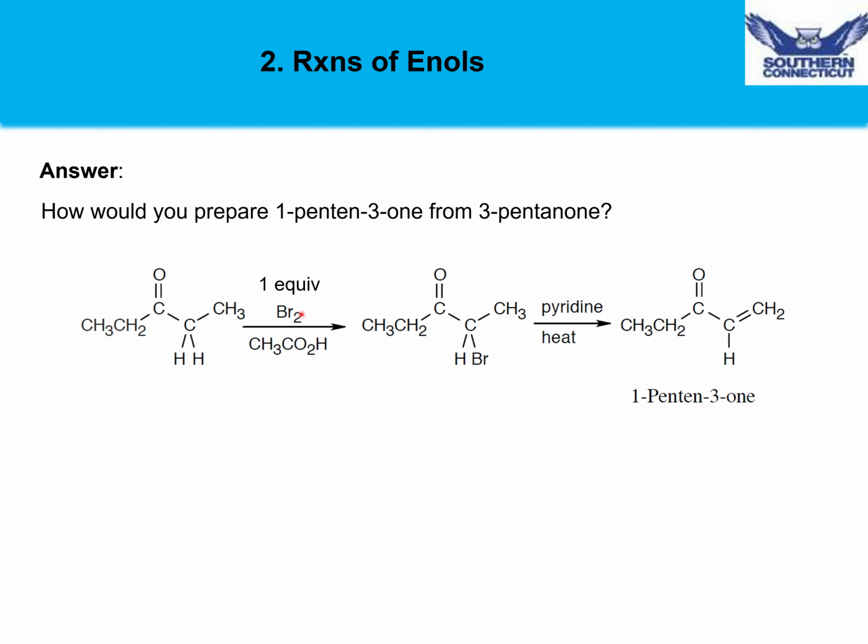So we could add one equivalent of Br2 and acetic acid to replace one of the alpha hydrogens with bromine, and then treatment of this product with pyridine and heating will result in an elimination reaction that leads to a double bond between the alpha carbon and the beta carbon as seen in 1-pentene-3-one.